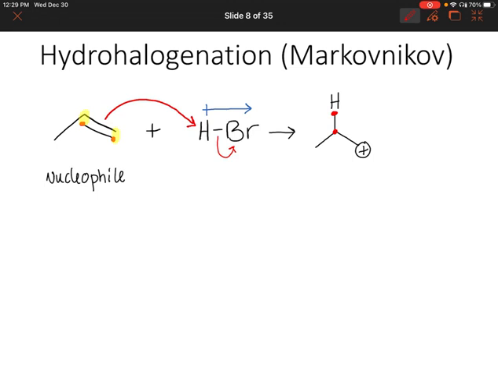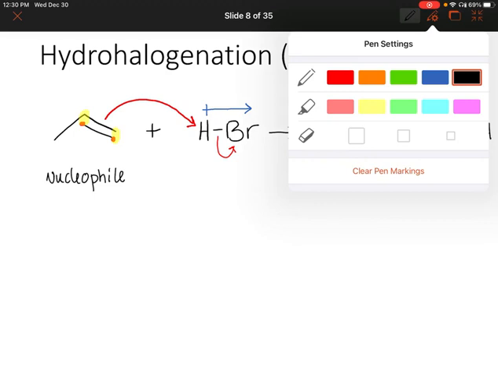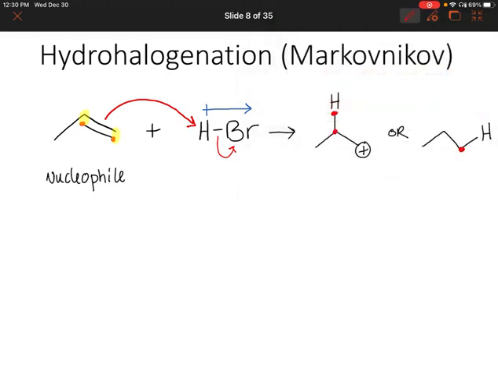Okay, now what if hydrogen adds to the carbon on the end? Well, now both of those electrons in the pi bond are going to that new sigma bond, so that leaves the carbon in the middle with a positive charge. So which one of those is more stable? We have two carbocations here.